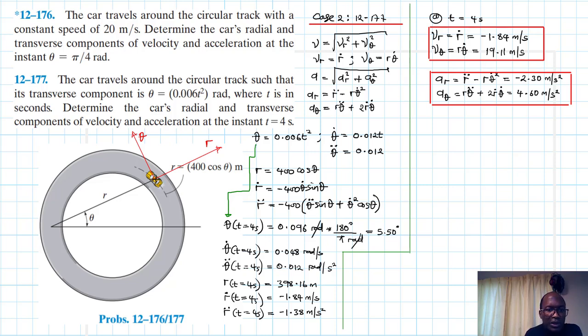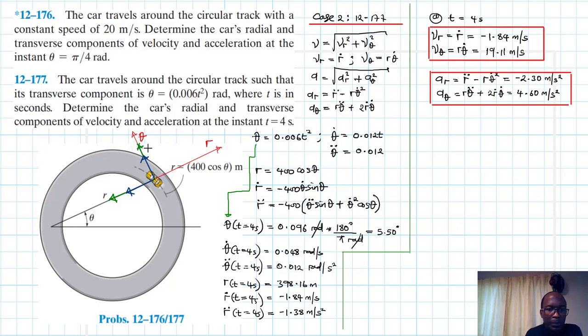So we have v r, and like so. All right, v theta in that direction, like so. Okay, and then what else? a r in this direction, like so, and then a theta in that direction, right?